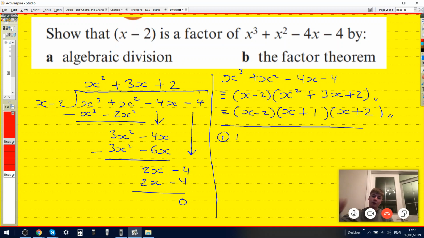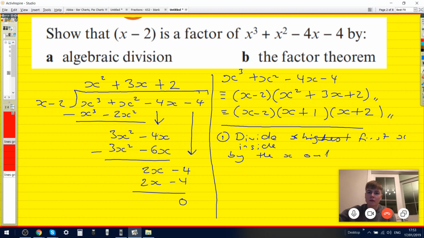No, I can't remember. So you always compare the two x's. So divide, let's say the highest power of x. I suppose just the first x. Divide first x inside the bus shelter by the x outside.